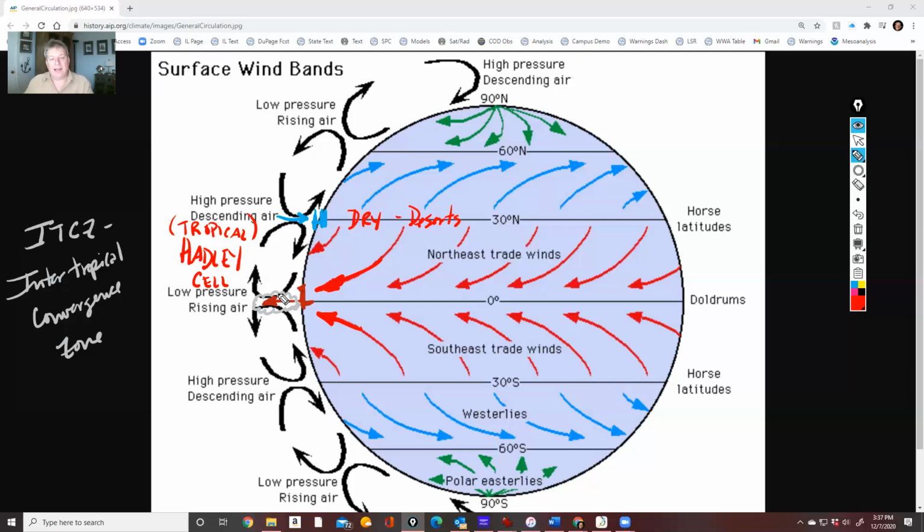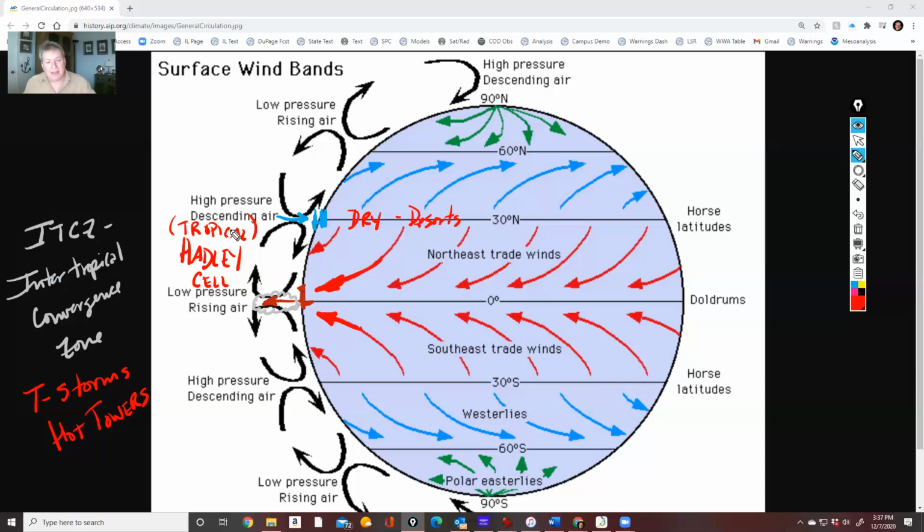And the Hadley cell's got the warm air rising at the ITCZ, and this is where you've got lots of thunderstorms. These thunderstorms over there are called hot towers. And the reason they're called hot towers is they release latent heat very high up in the atmosphere, way high up.